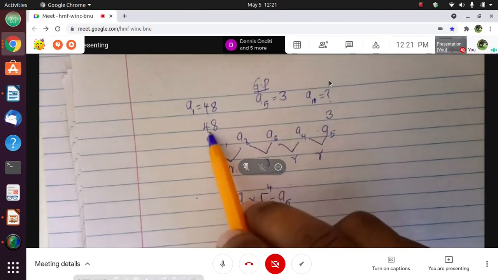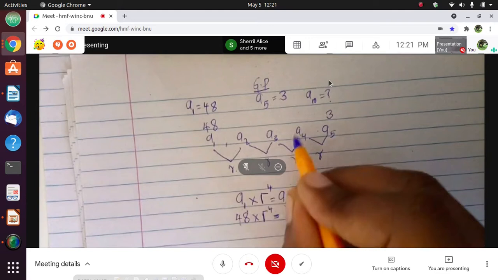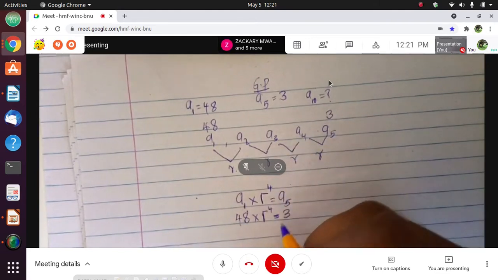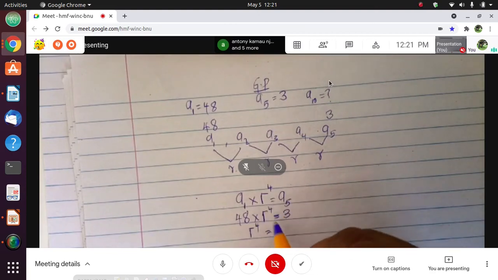We have the term A1, which is 48. We don't have the common ratio, and that is what we want to find. But we have the fifth term, which is 3. Therefore, R raised to power 4 is equal to 3 over 48.